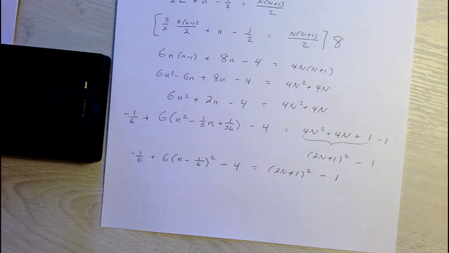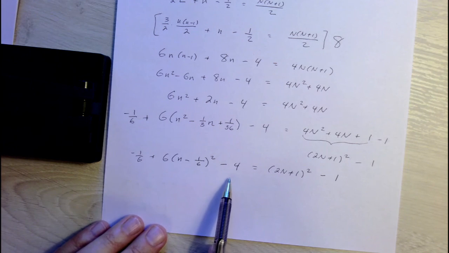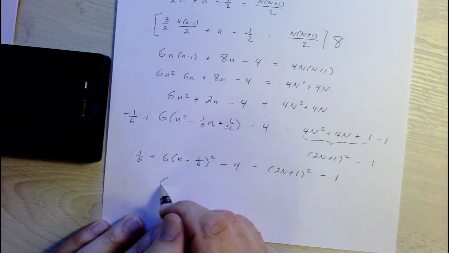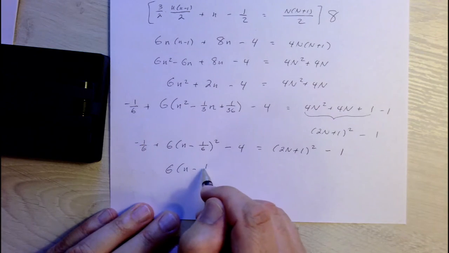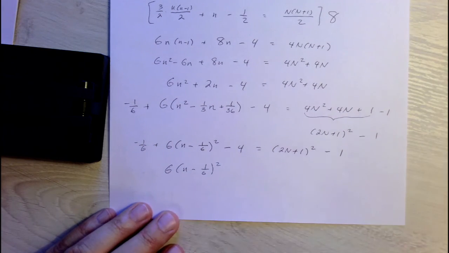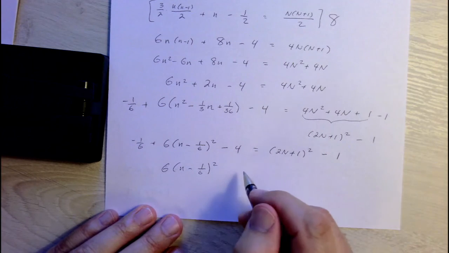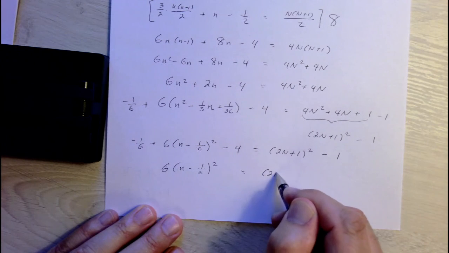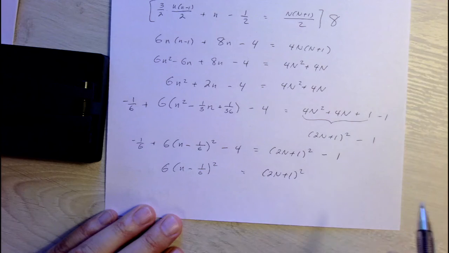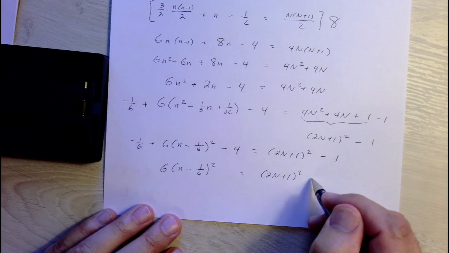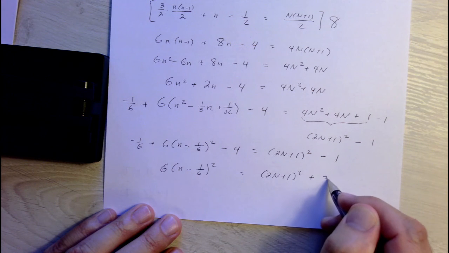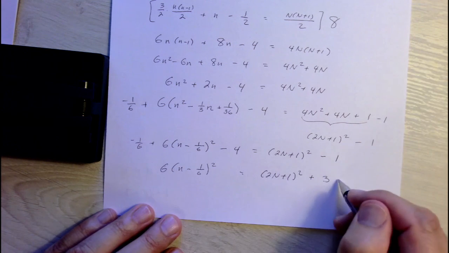Now we can add 4 and add 1/6 to both sides. So this will be 2n plus 1 squared, add 4, so this will be plus 3, and then plus 1/6.